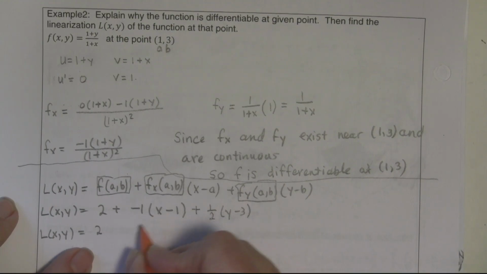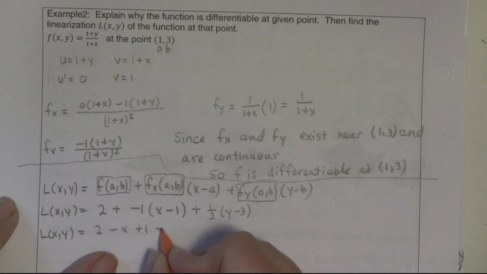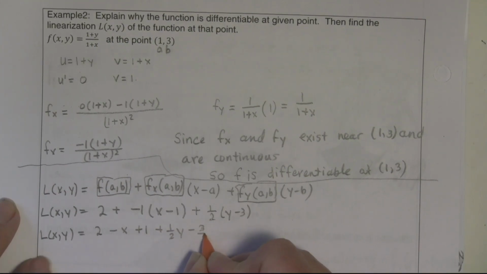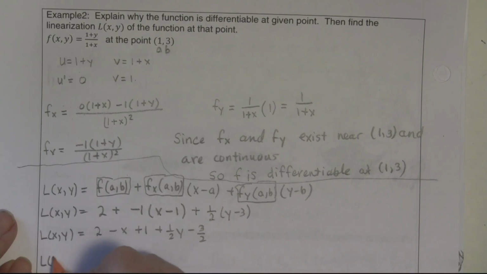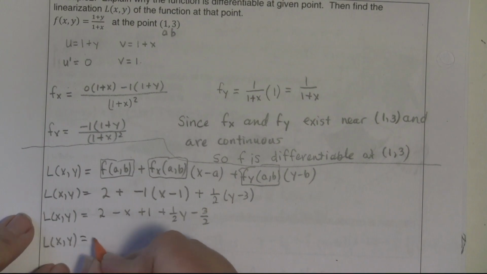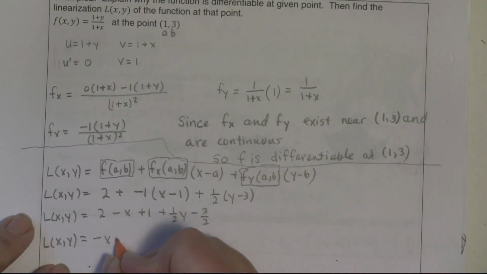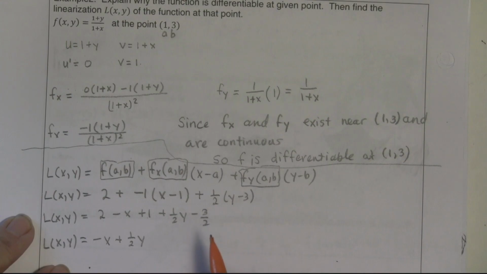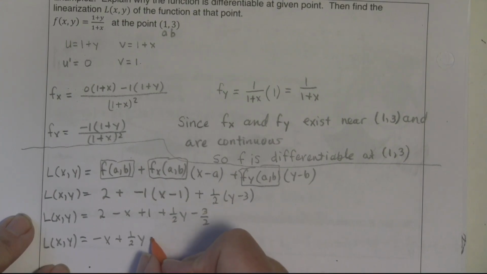So 2 minus x plus 1 plus half y minus 3 halves. When the dust clears, can you still see what I'm writing? We get negative x plus half y. And then 2 and 1 is 3, minus 1.5 is positive 3.5.